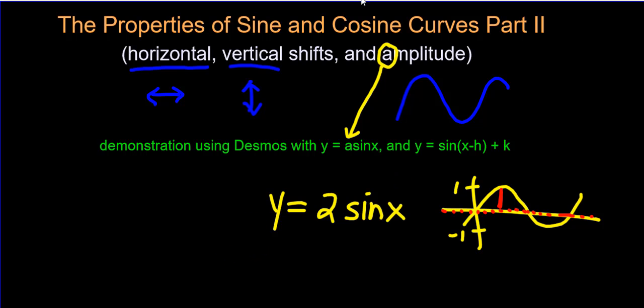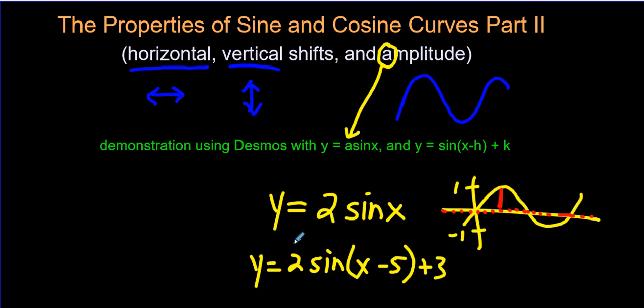If you make things more complicated, and if you write a 2 there, but then you put brackets here and you have x minus 5 and then on the end plus 3, well, that 2 is our amplitude. This 5, it's just like dealing with quadratics, okay? It's just like dealing with parabolas when you have an equation.